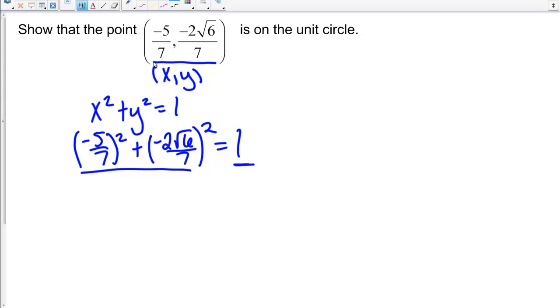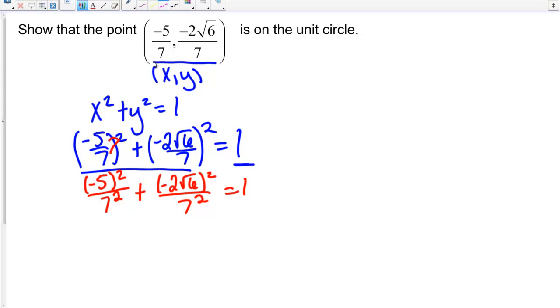All right, so let's try this. First thing we need to remember is that the 2 goes to both the top and the bottom. So we have negative 5 squared over 7 squared plus negative 2 square root of 6 squared over 7 squared equals 1.